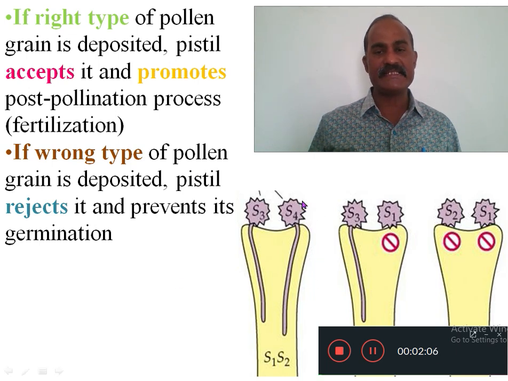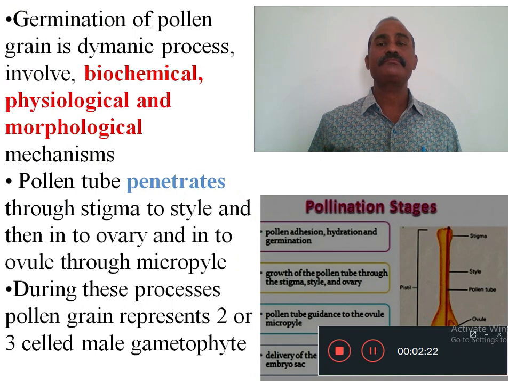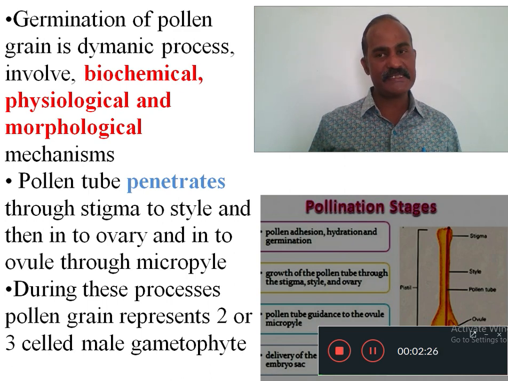Now here in this diagram you can see a correct type of pollen grain is deposited, hence the germination process is continued. But here you can see these are the pollen grains that belong to the wrong type and their germination is prevented by some biochemical mechanism. Now actually the germination of pollen grain is a dynamic process that involves biochemical, physiological and morphological events.